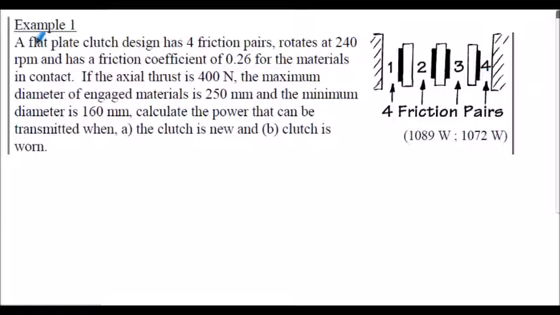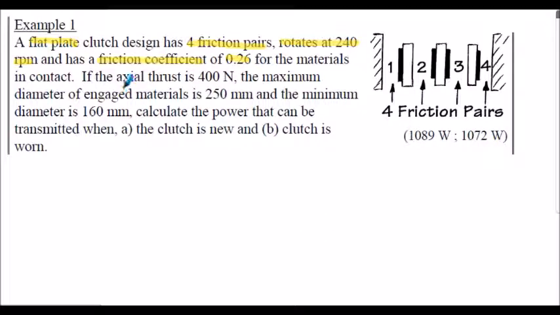So we've got a flat plate clutch. We will look at something called cone clutches later on, in future weeks, but flat plate clutches at the moment. It's designed to have 4 pairs of friction surfaces, 4 friction pairs. We're told that it rotates at 240 revs per minute, and it has a friction coefficient of 0.26. We'll extract all this information in a moment.